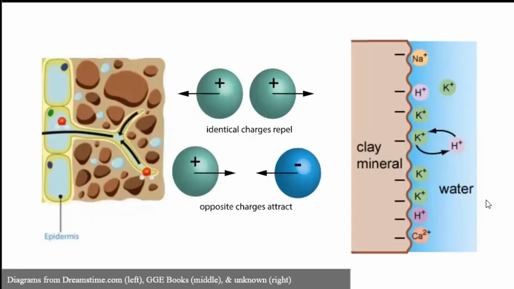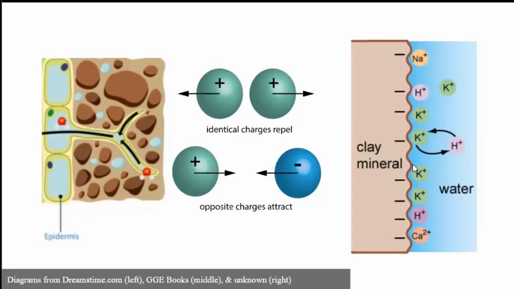Here we have the root, represented by these blocks that are cells, and it's in this soil, which are these brown circular pieces. Next to that are the particles that I was talking about. And if we're thinking about how that looks when they're interacting, there's this image all the way on the rightmost of the slide.